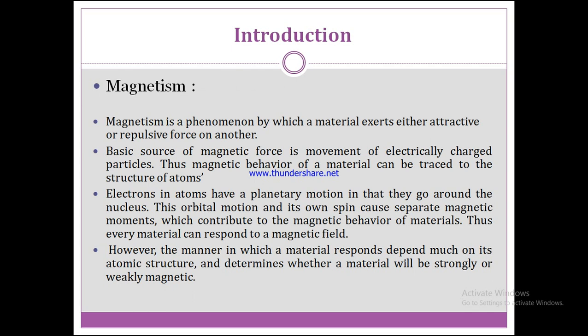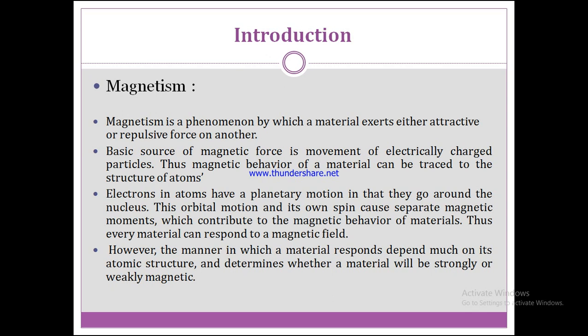Magnetism is a phenomenon by which a material exerts either an attractive or a repulsive force on another. The basic source of magnetic force is the movement of electrically charged particles. Thus, the magnetic behavior of a material can be traced to the structure of atoms.